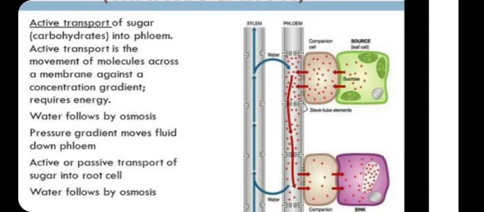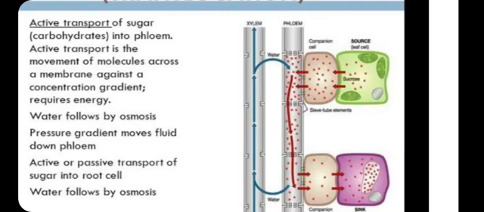In the companion cell there is no sucrose yet, and you know that molecules always move from higher concentration to lower concentration. Here active transport also takes place. Why active transport? Because the sucrose has to pass through the membrane.